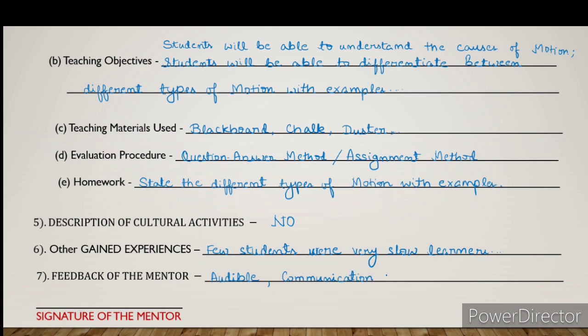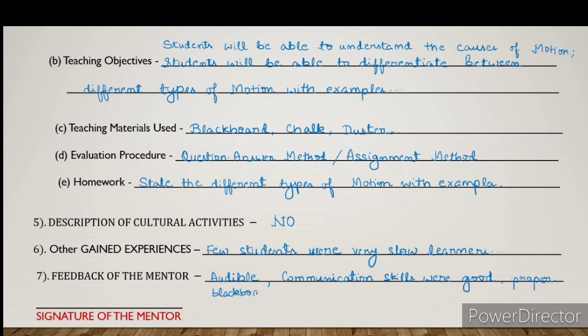Communication skills were good, whether you were audible to all the students present in the class or not, how well you were able to use the teaching learning materials, etc. Whether you were properly utilizing the blackboard or not with proper diagrams.